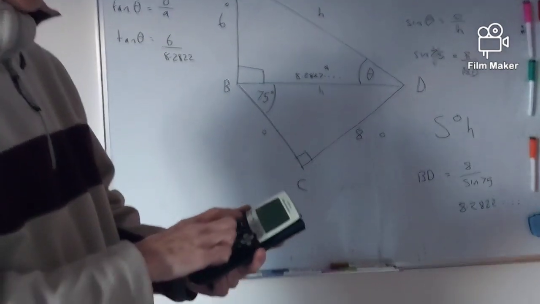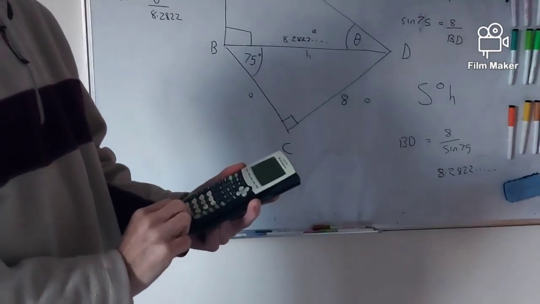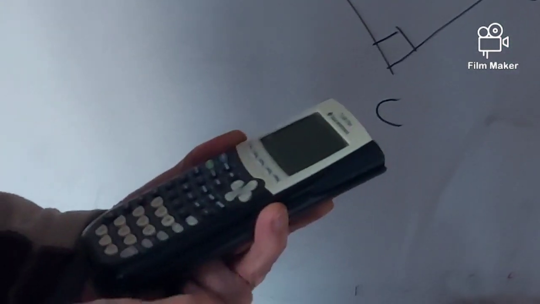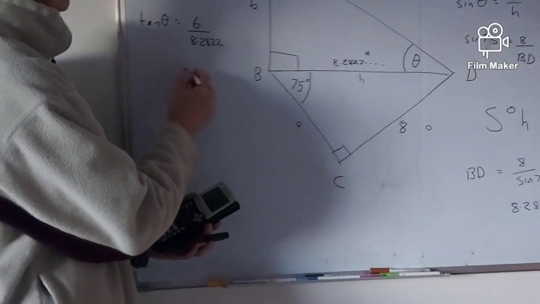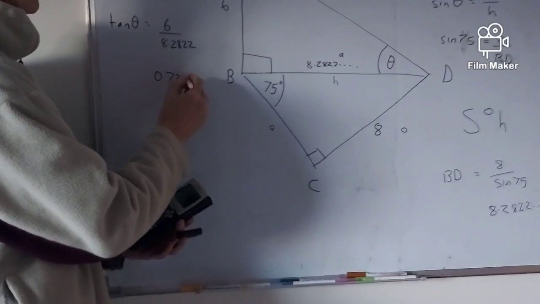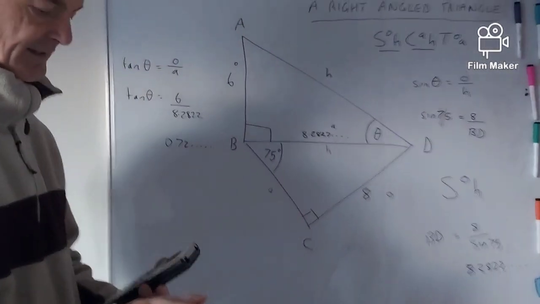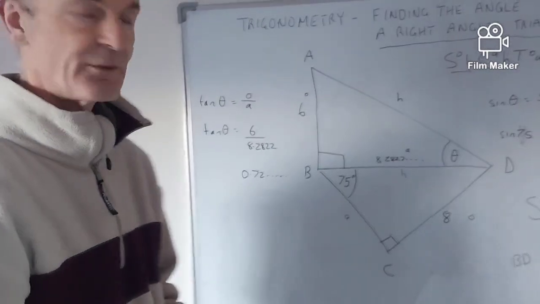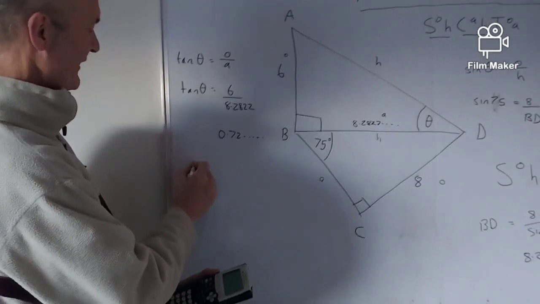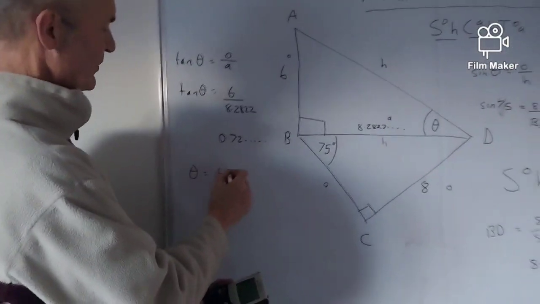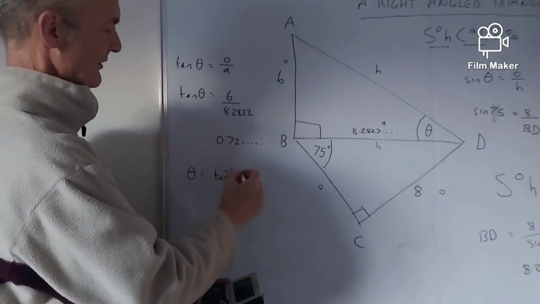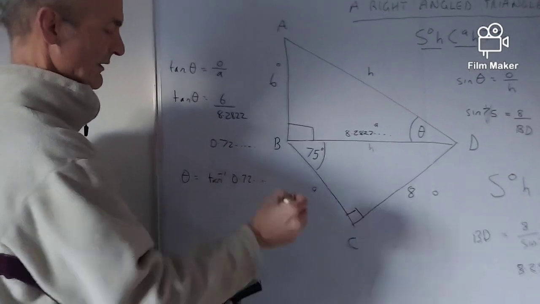So 6 divided by answer, and that's going to give me 0.72 and some other digits. And then I'm going to convert that into an angle. So theta is going to be tan to the minus 1 of this number, 0.72.